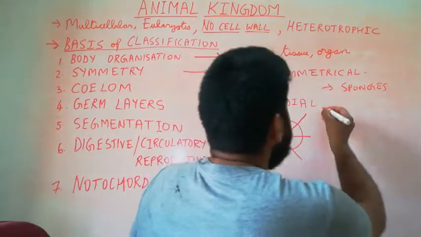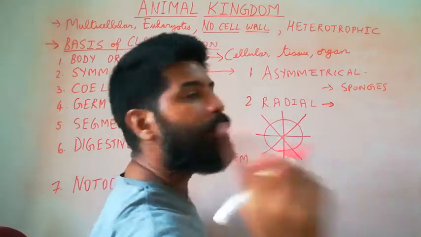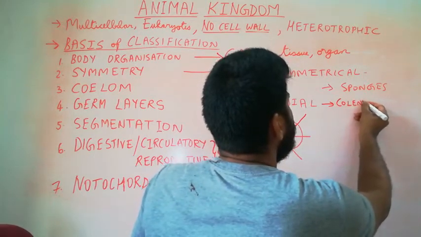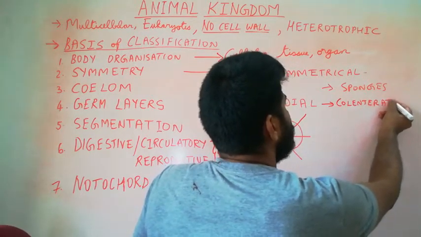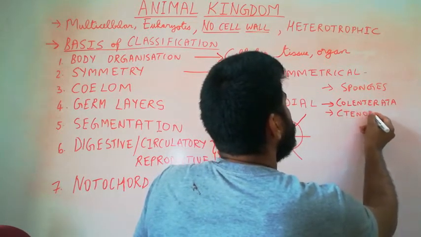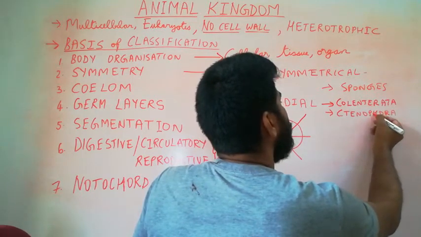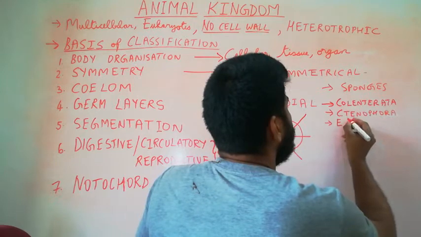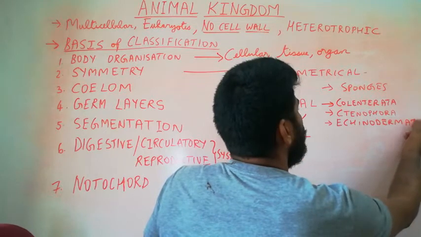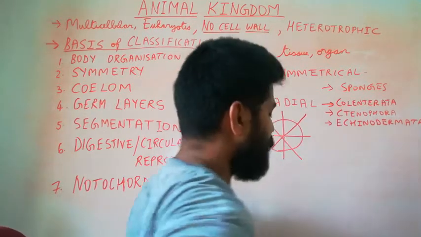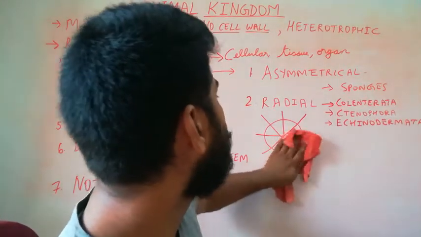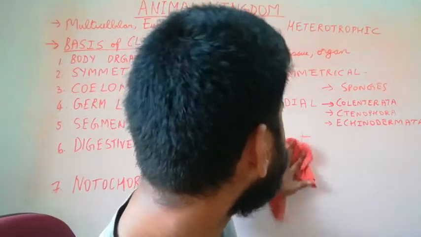That symmetry is called as radial symmetry. So there is more than one plane which can divide it. Example, in Hydra, again phylum Coelenterata, and also in Ctenophora we have radial symmetry, and in Echinodermata. In these three phylums we see organisms, or during their larval stages they exhibit radial symmetry.